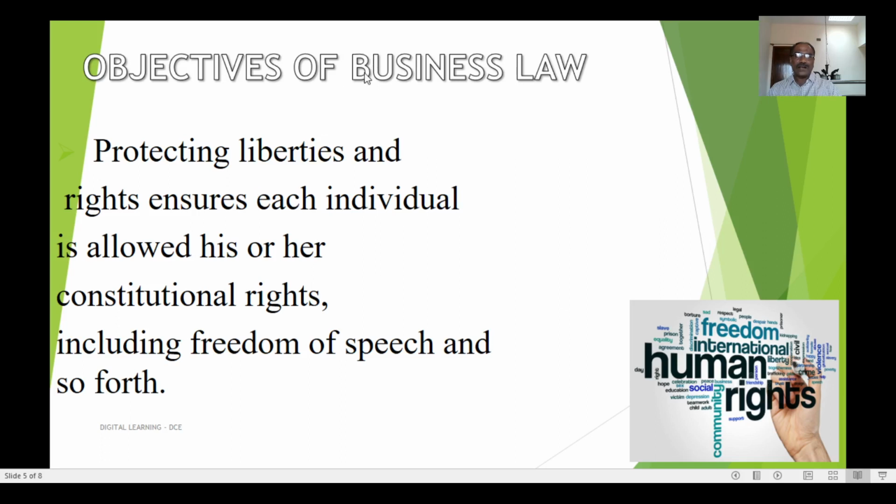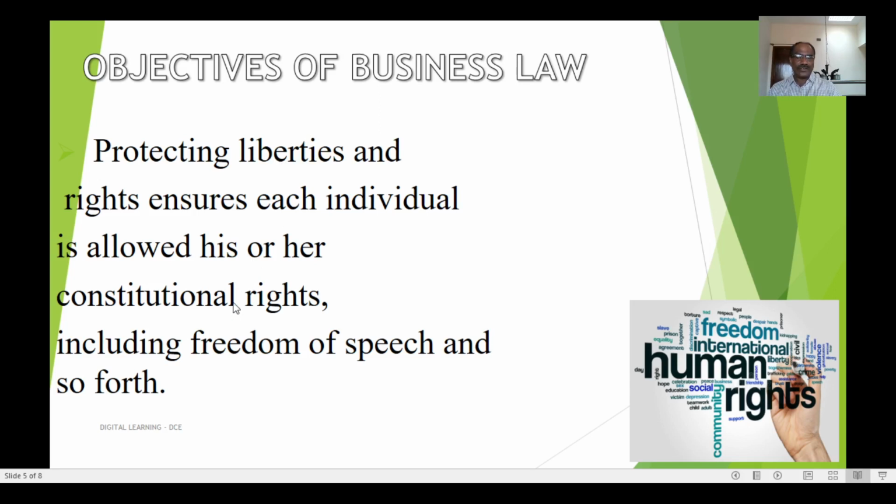Because at the time of formation of the rules and regulations in business law, they observed and followed the Indian Constitution, and with reference to the Indian Constitution only, the business laws, regulations or principles are framed. Therefore, business law consists of some constitutional rights which are provided by the Indian Constitution.